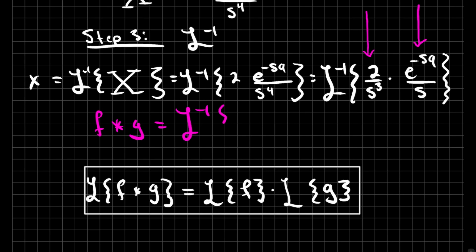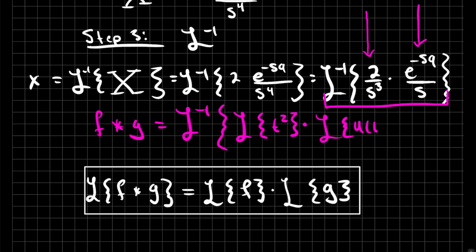In this particular case, we want to apply this to our example. What we write here is the Laplace of t squared times the Laplace of the shifted Heaviside function. Awesome.